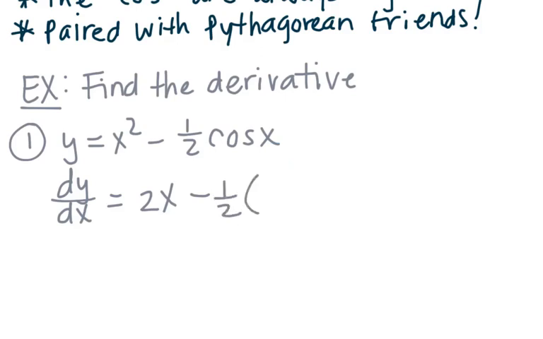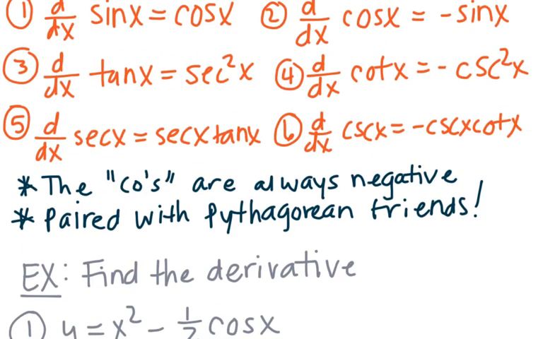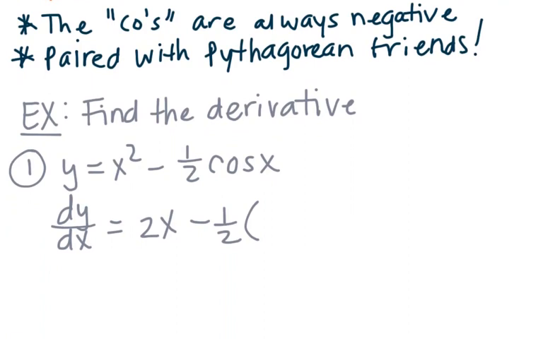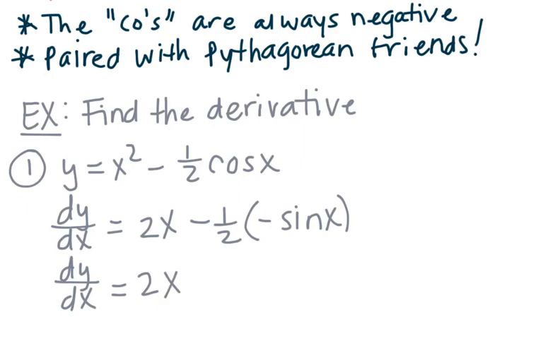So that's where we're going to refer to our rules, which we will soon know by heart, but the derivative of cosine is negative sine x. Okay, and you'll find with trig, one of the trickier parts is knowing if you can simplify something or not. However, in a problem like this, it's pretty straightforward and just becomes plus 1/2 sine x, and that's it.